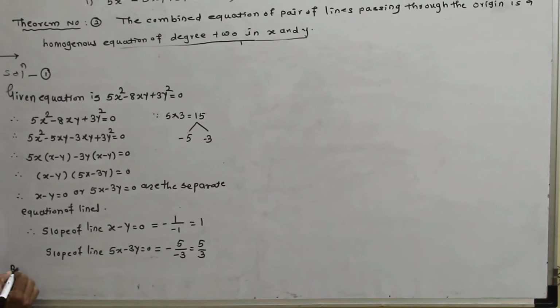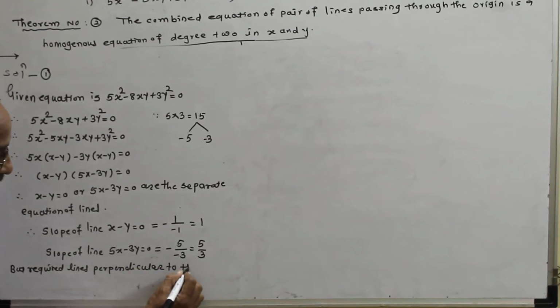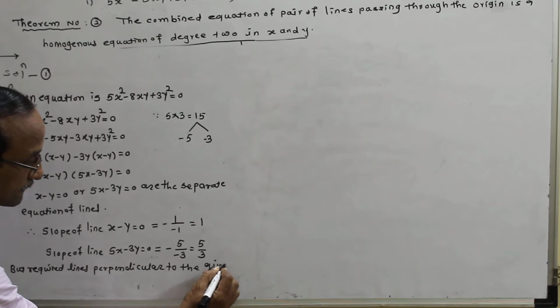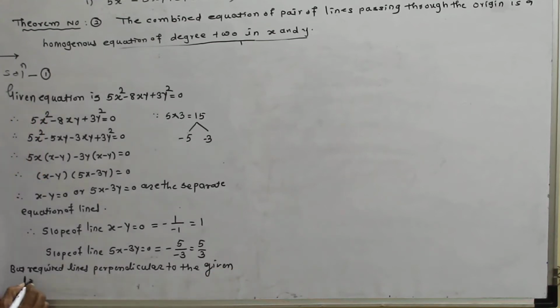But the required lines are perpendicular to the given lines x minus y is equal to 0 and 5x minus 3y is equal to 0.